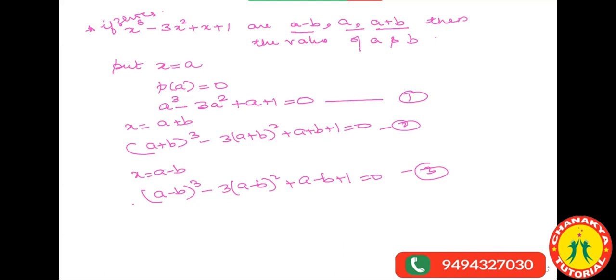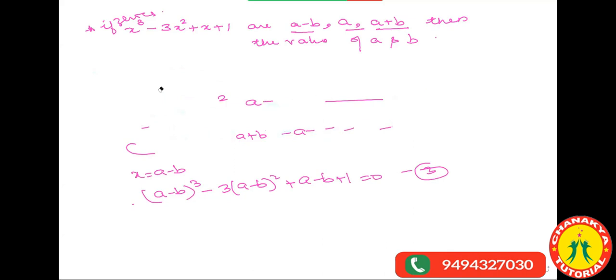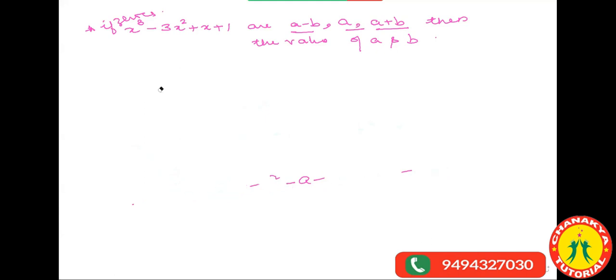Another method is, just wait. You have given 3 zeros. So you can calculate the sum of the zeros. Right? So there are two methods for solving each and every question.